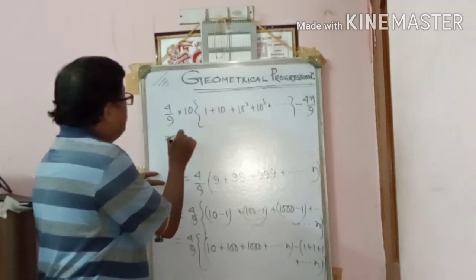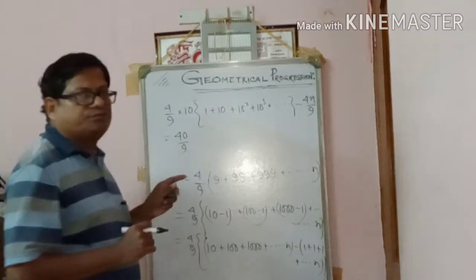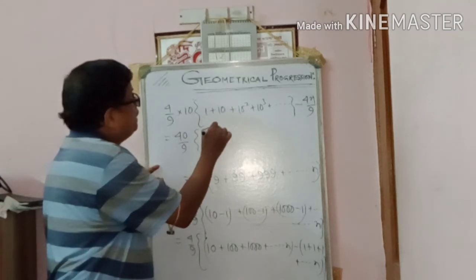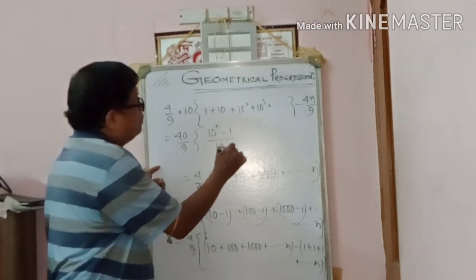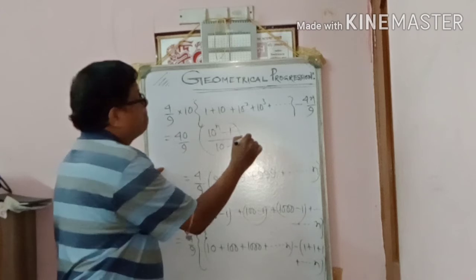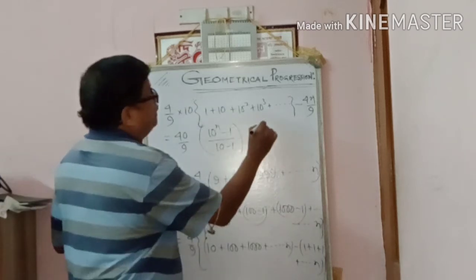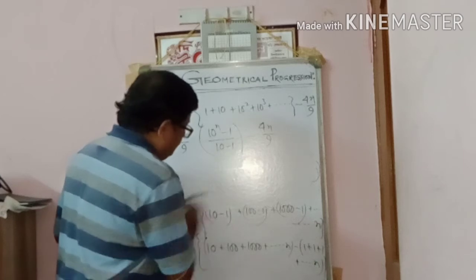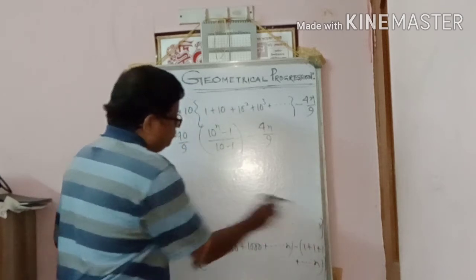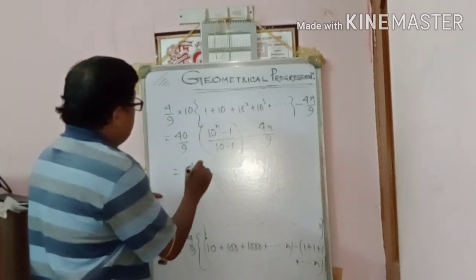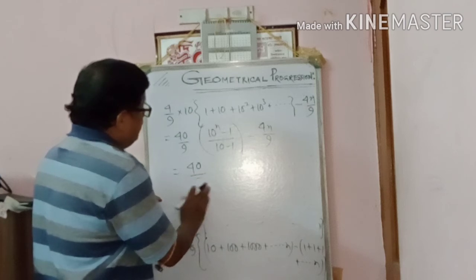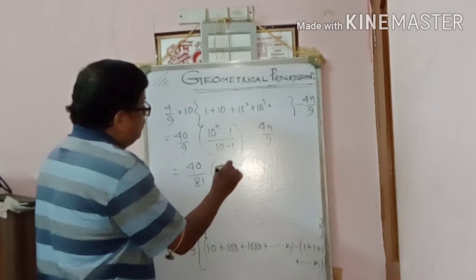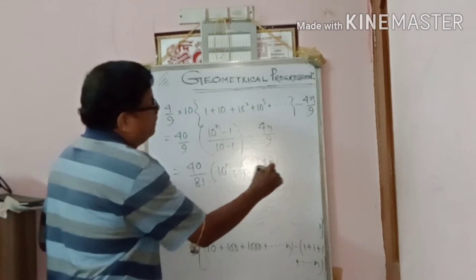Now 40 by 9, here a means 1, so 10 to the power n minus 1 by 10 minus 1, minus 4n by 9. Now you have to simplify: 40 by 81, 10 to the power n minus 1, minus 4n by 9.